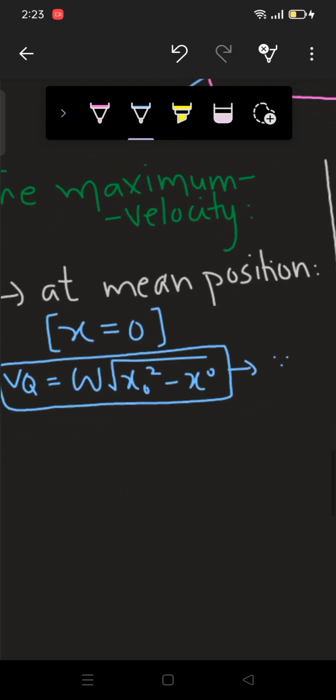As we have already stated, our displacement is equal to 0 since we are at the mean position, because we can find the maximum velocity at the mean position.